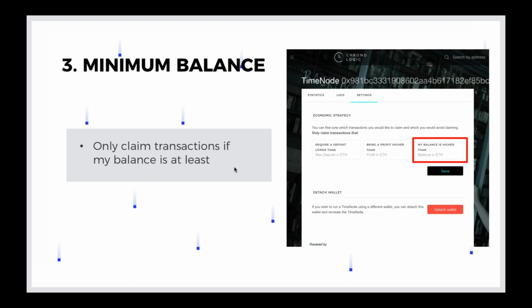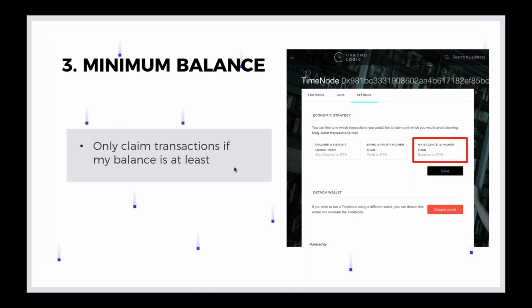Let's say you run this time node on a wallet, and you have some Ether on your wallet, but you don't really want to spend it. As we mentioned before, claiming has a certain cost to it.